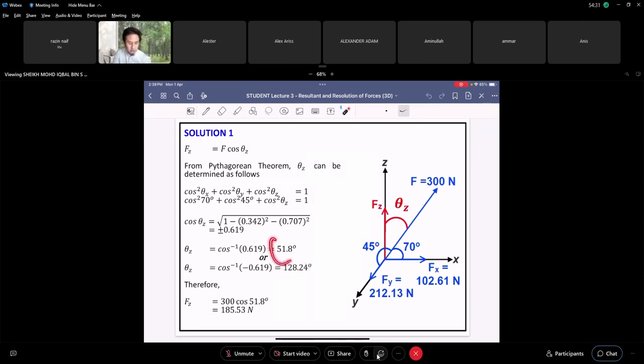Therefore, we choose 51.8 degree. Okay, so now once we have 51.8 degree, take this one and put it back into this equation here, and then finally we can solve it and we can find Fz, right, which is 185.53 Newton.